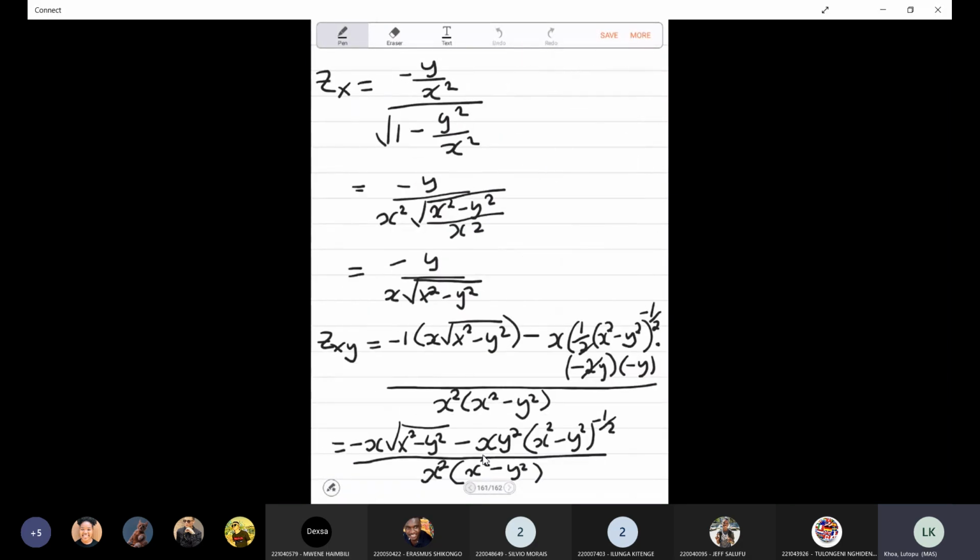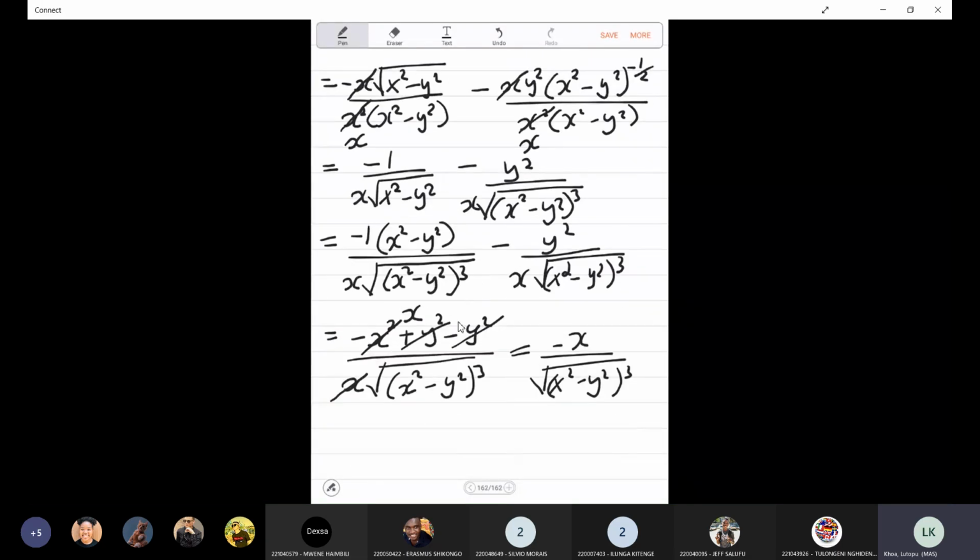But when I do it the other way, first differentiating with x and then with y, it is quite long, even though the answers are the same. So whenever you're asked to find the mixed derivative, pick the way that is going to be easy, because the answers are the same. And you can see that when there are a lot of calculations, it's very easy to make a mistake. But anyway, you will know which one is the easiest.